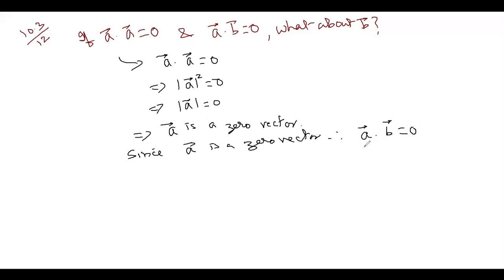So that means B is independent of it. We cannot say anything about B. So nothing can be concluded about B. B can be any vector.